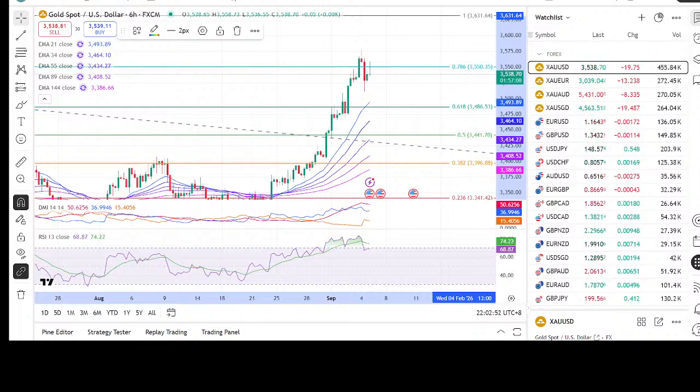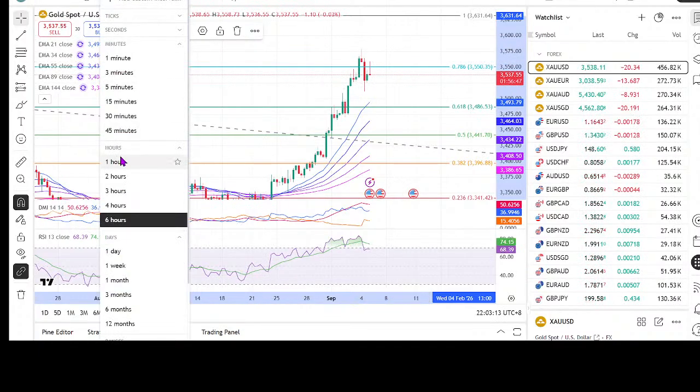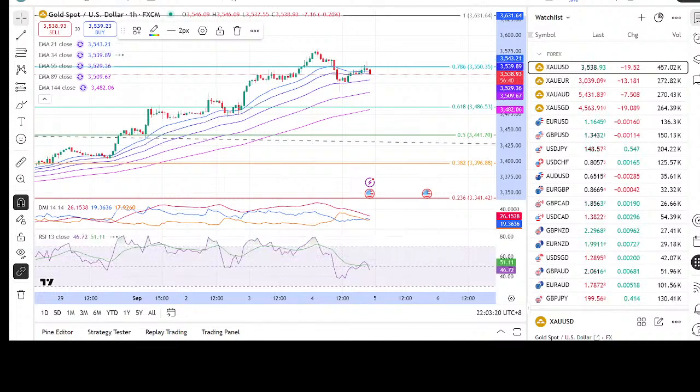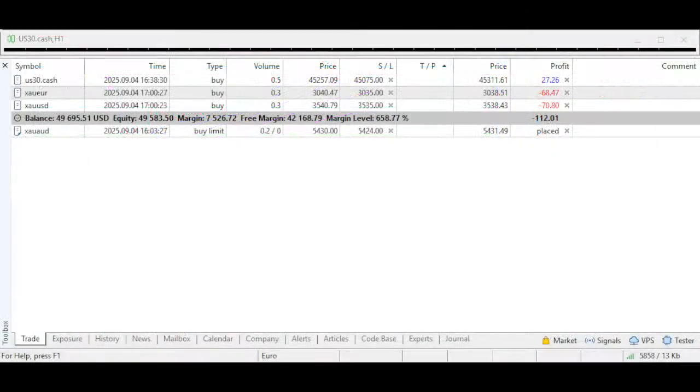Okay, it's moving negative, so it looks like our view is wrong. Now what we should be doing is, let me get this thing right. Since this is showing weakness, I want to reduce my trade.